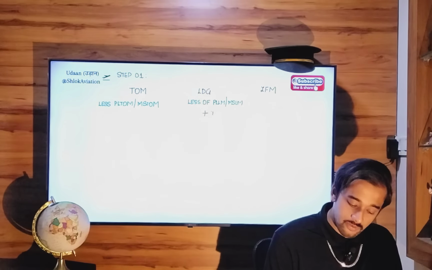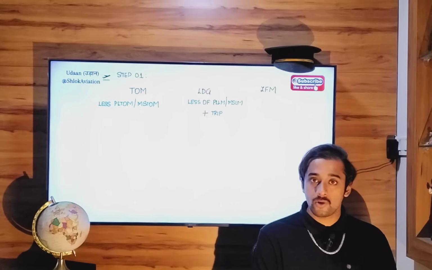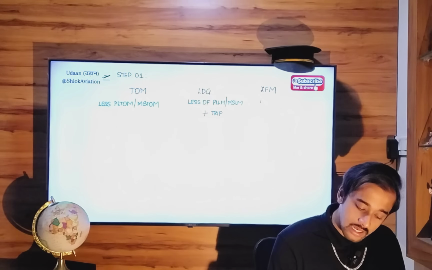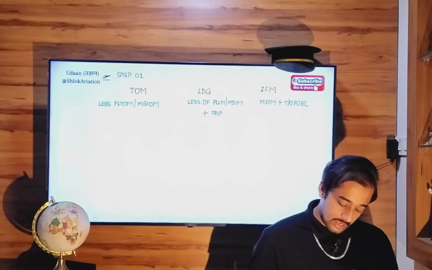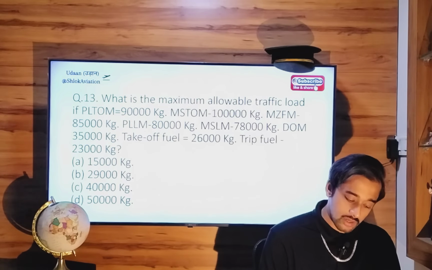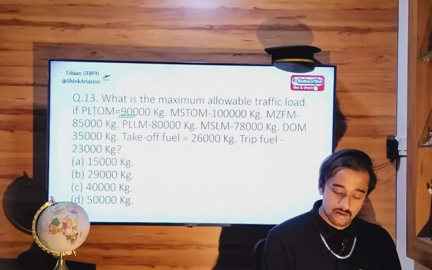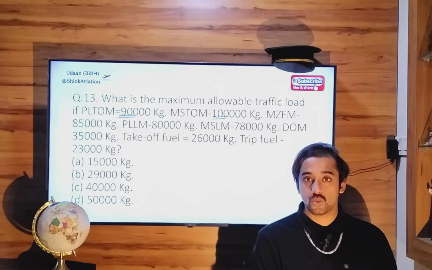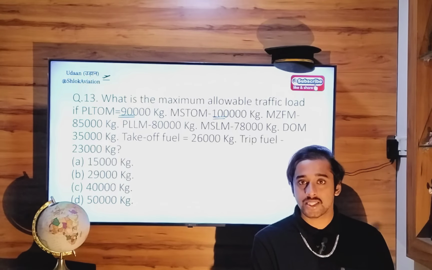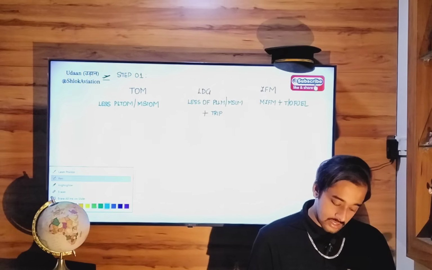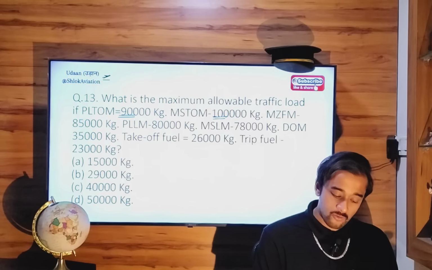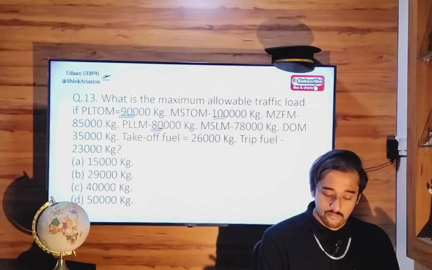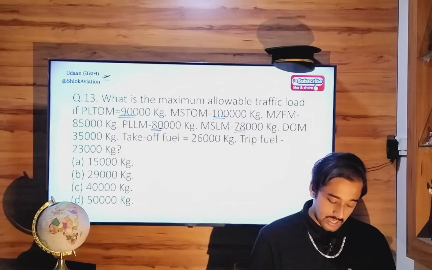To that you are going to add trip fuel. In the zero fuel mass column, you are going to use the formula maximum zero fuel mass plus takeoff fuel. Now here, in case of takeoff mass, the performance limited takeoff mass is 90 and maximum structural mass is 100. So the value less in number is 90. Next, in case of landing, performance limited landing mass is 80, maximum structural landing mass is 78.